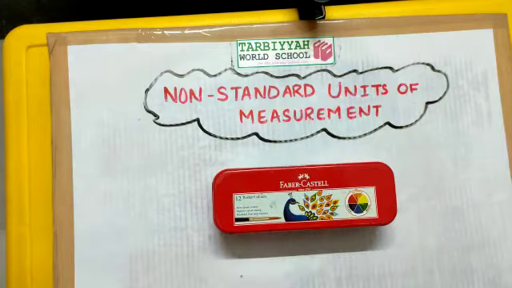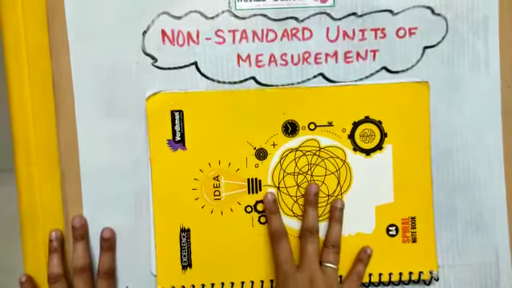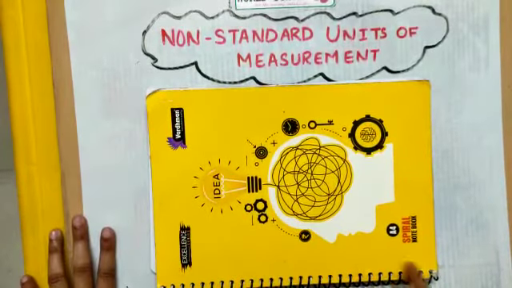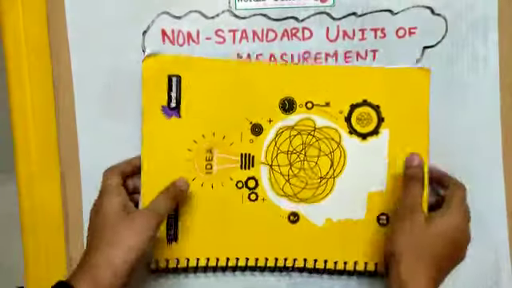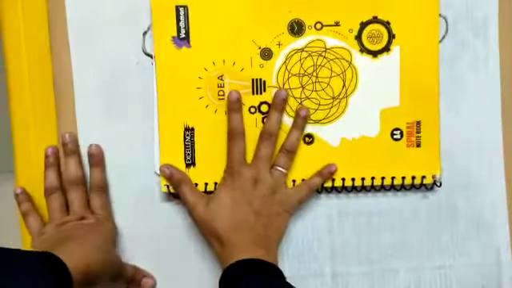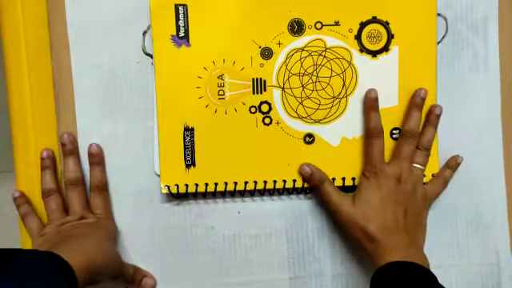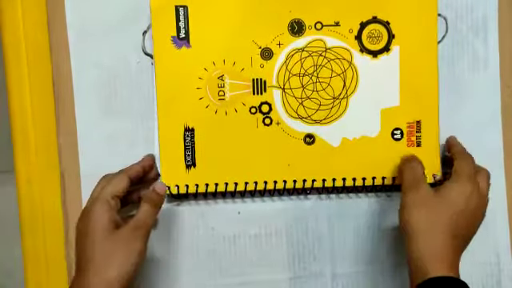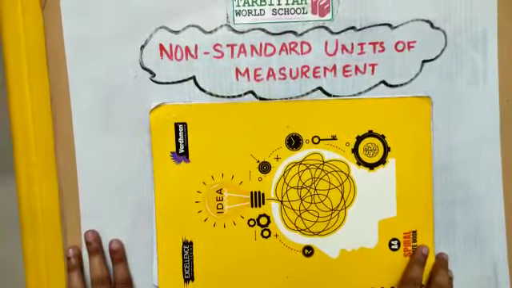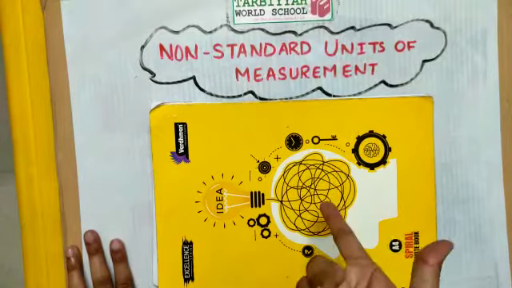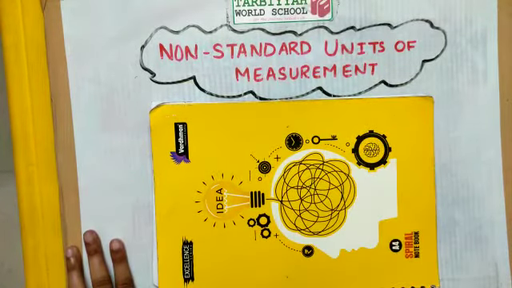See, I'll show you. I have this notebook and I can measure the length. Length, how long? Kitna lamba hai? Like this. See? 1.5, okay? 1.5 hand span long notebook.